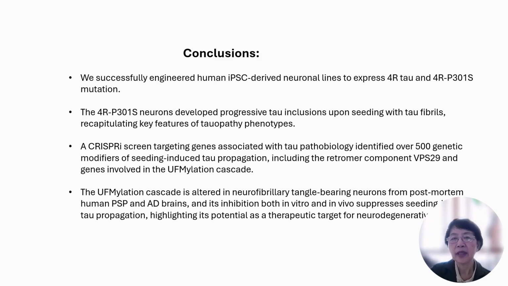The UFMylation cascade is altered in neurofibrillary-tangle-bearing neurons from postmortem human PSP and AD brains, and its inhibition both in vitro and in vivo suppresses seeding-induced tau propagation, highlighting its potential as a therapeutic target for neurodegenerative diseases.